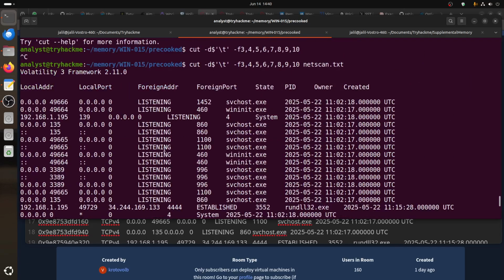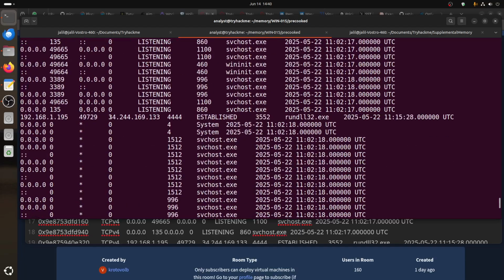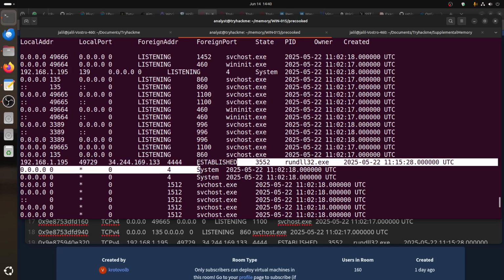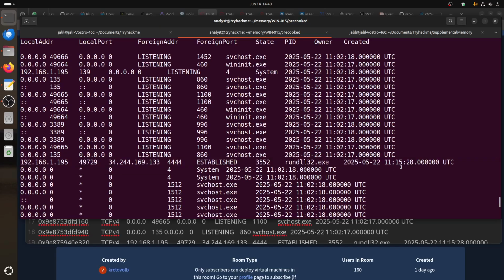Okay, so we have the local address. This is the listening one. If you reverse, I don't think the attacker did the reversal here. Interesting. The established connection here is at 11:15.